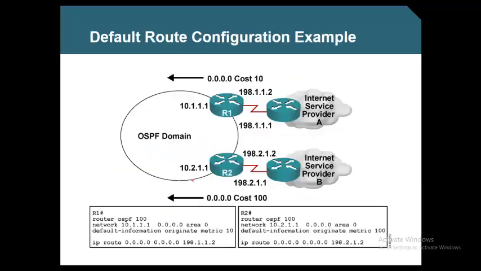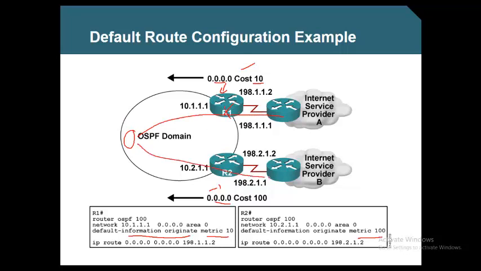Now cost. When we have multiple ASBRs, you see R1 is one ASBR, R2 is another ASBR, and both are advertising the default route. And you want to prefer R1, so you give low cost. When you say default information originate, you can also mention metric along with that, so that every router here will go this way, and if this router fails, it will switch to this way.